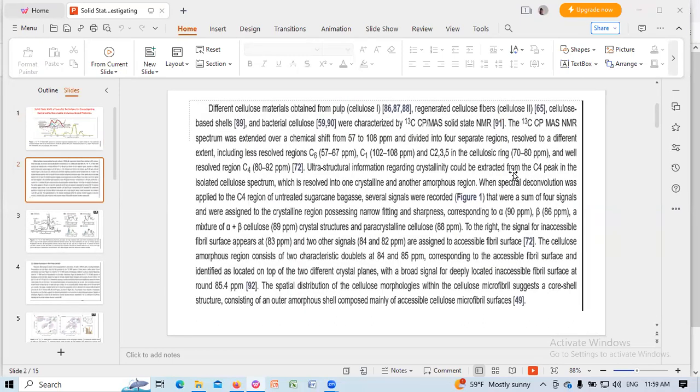This is some explanation of the NMR of untreated sugarcane bagasse.